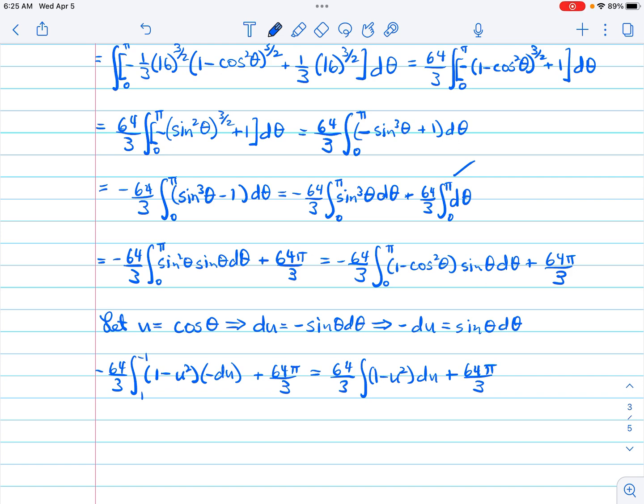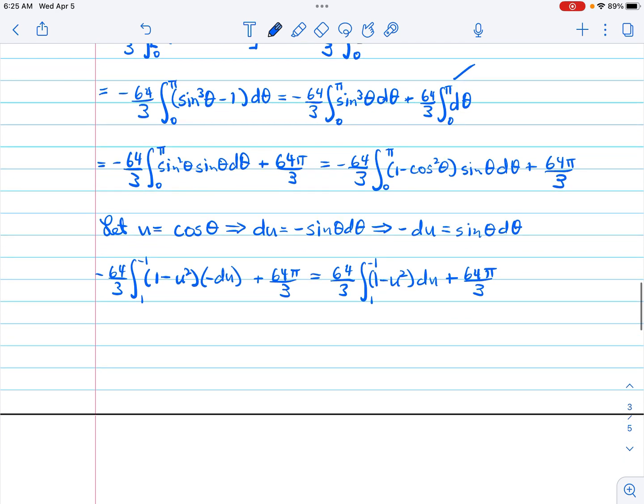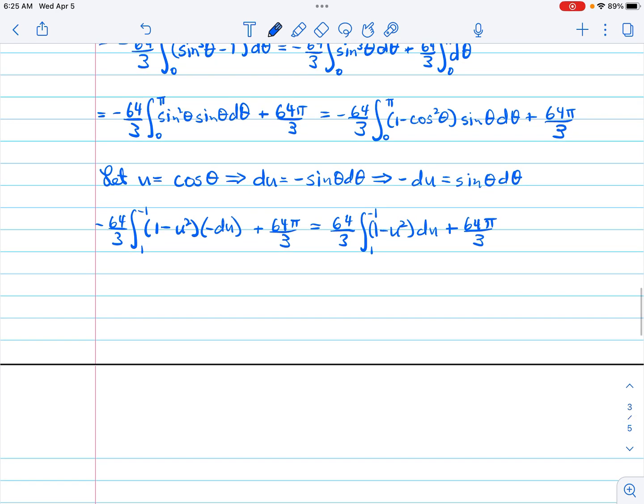So there are my bounds of integration. Okay, so let's see what I've got now. I've got 64 thirds times u minus 1/3 u cubed from 1 to negative 1.